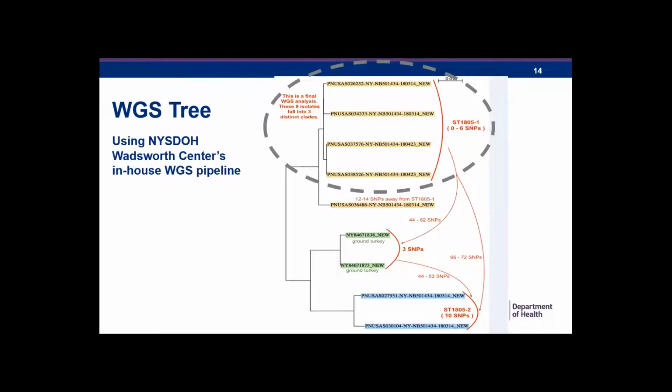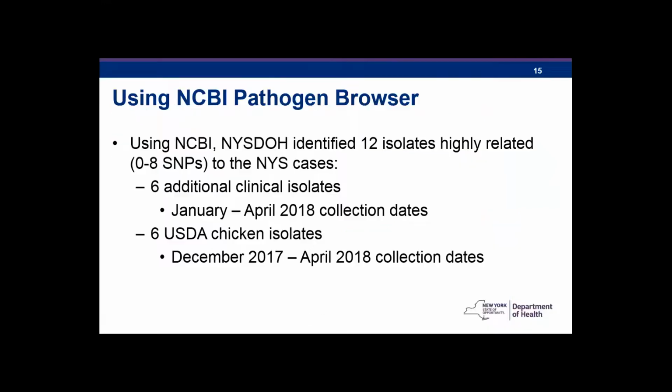You can see how 5 of the other cases that we had been looking at when it was PFGE are now not associated with the outbreak in question. They're 12 to 14 and then 66 to 72. So again, they may be clusters of their own, but they weren't part of this new one we were looking into.